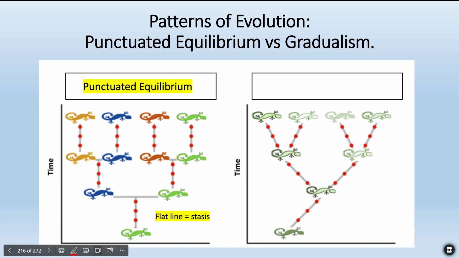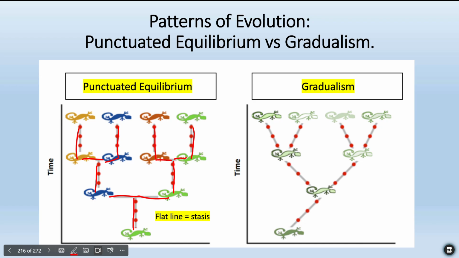This means that an organism stays unchanged for a given period of time. So here's our flat line, that means no change. All of a sudden, there's a sudden change. Then we have another flat line. This is stasis, no change. Then sudden change. Then again, flat line for no change again.